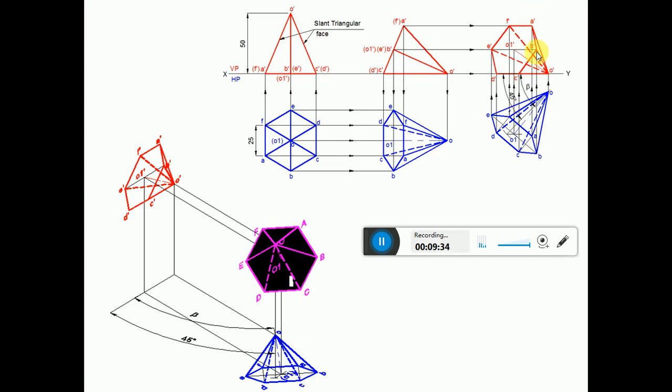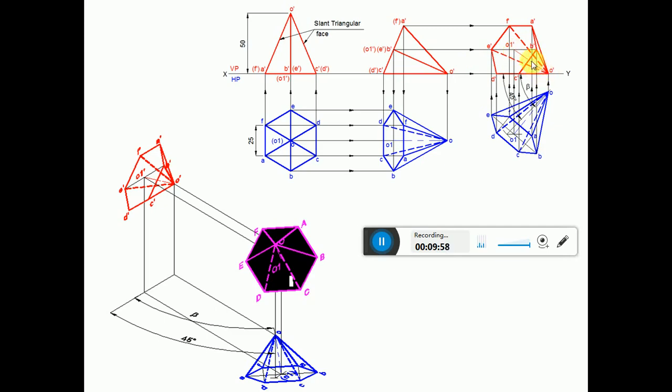So applying that rule, since B dash C dash and B dash A dash are visible, naturally B dash O dash is visible. Since A dash, B dash, C dash, D dash, E dash and F dash is a hexagonal surface which is completely visible, and O1 dash is on that surface, obviously O1 dash will be visible. Join between O dash to O1 dash.